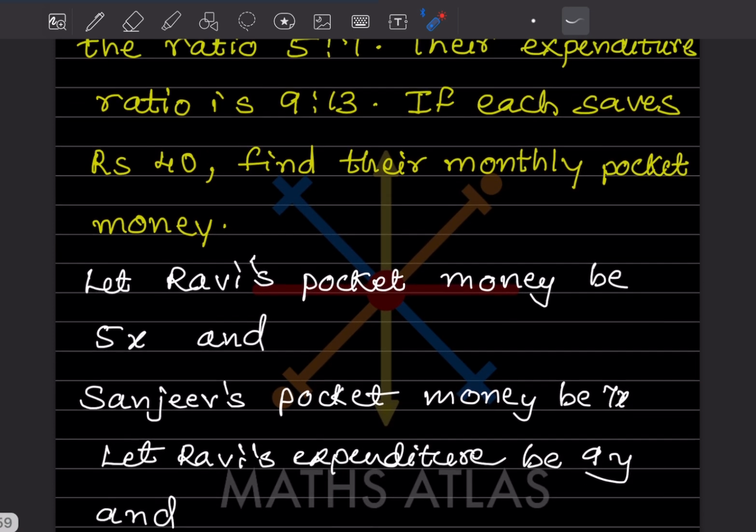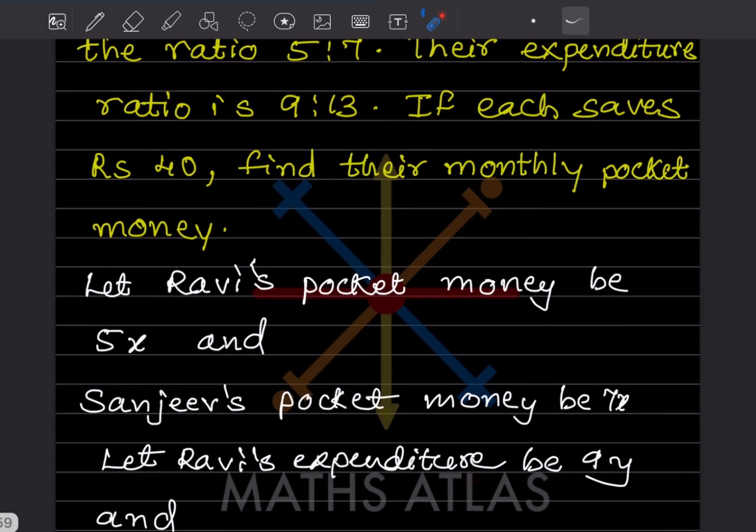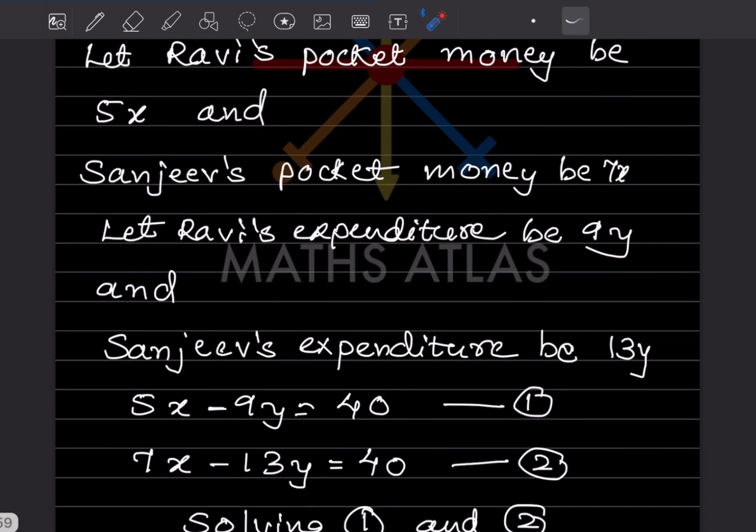So now again, what is the ratio given? Expenditure ratio is given, that is 9:13. So Ravi's expenditure is, because here we have considered x, now let us consider this y. So Ravi's expenditure be 9y and Sanjeev's expenditure be 13y.